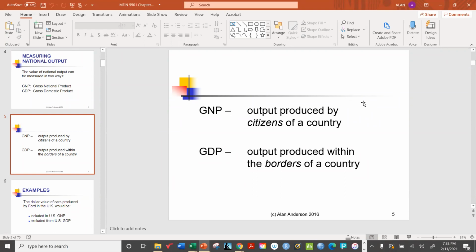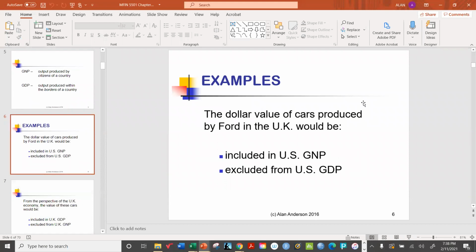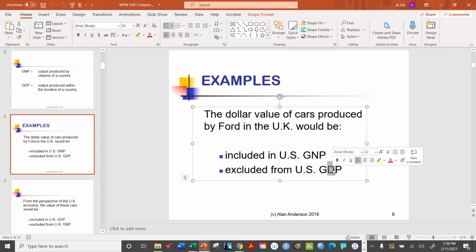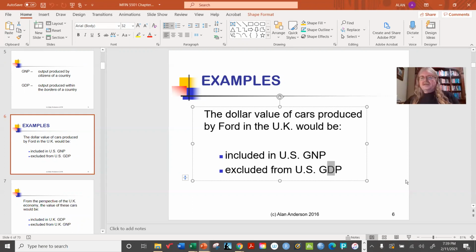Just as a quick example, if Ford is producing cars in the UK for the UK market, the value of those cars would be counted in our GNP because it's an American company, but not our GDP because the cars are being built in England. Does that make sense to everyone? Okay, I guess that means yes.